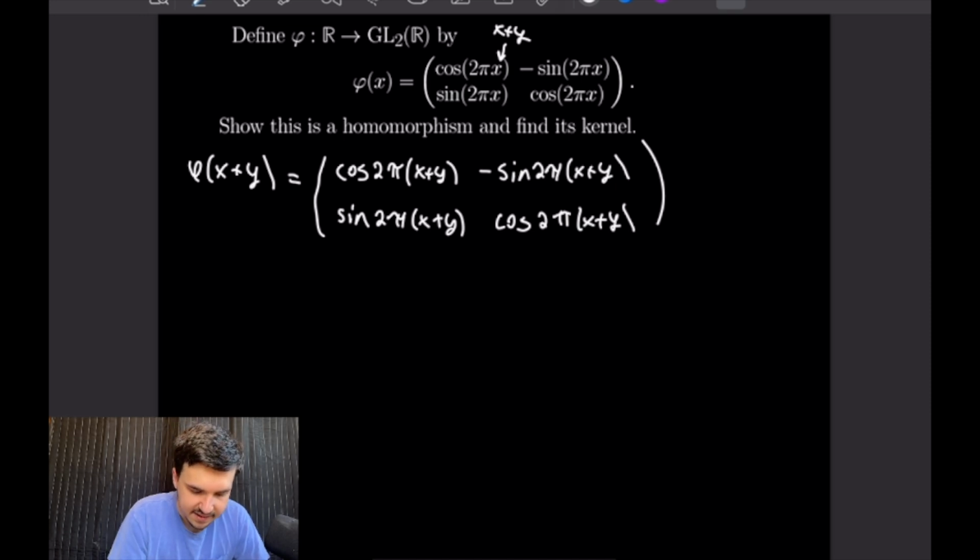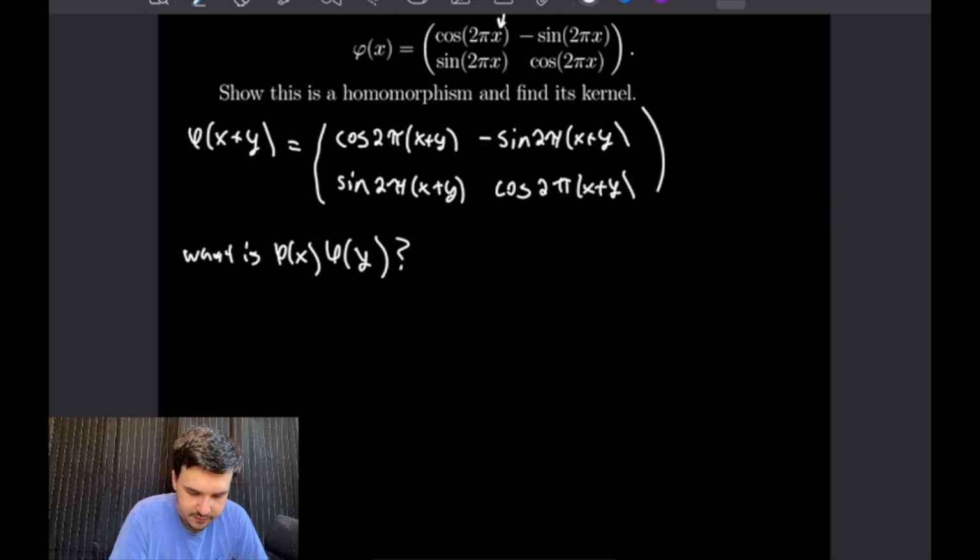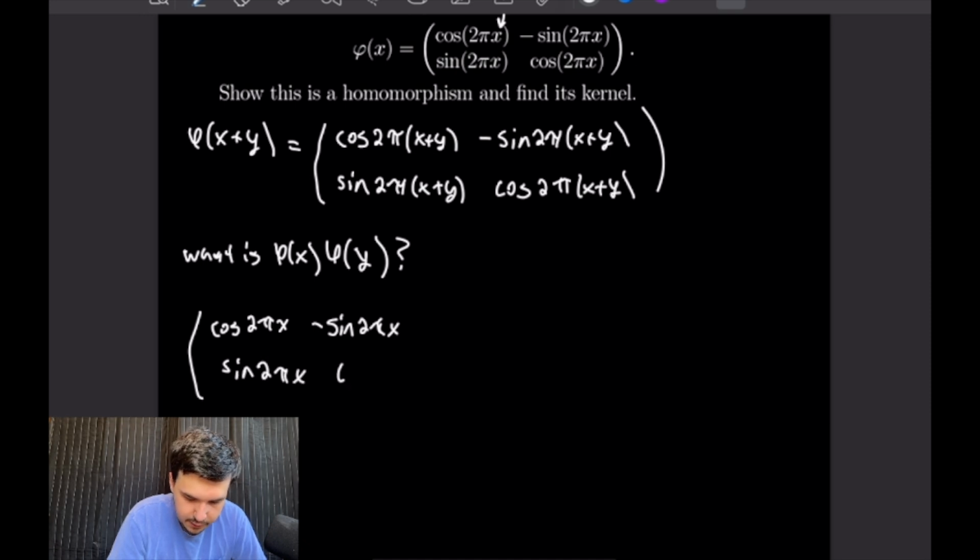So let's go ahead and I'll write the question that I just asked. What is phi of x times phi of y? Well, we can figure that out by just writing it down from definition here. So that will be the cosine of 2 pi x, then minus sine 2 pi x. Then we'll have sine 2 pi x, and then lastly cosine 2 pi x.